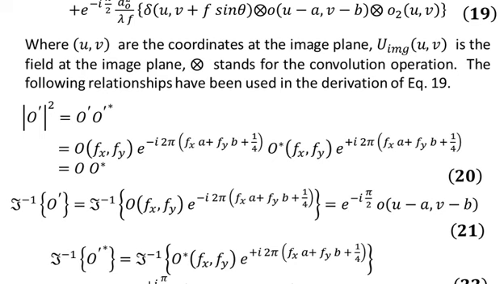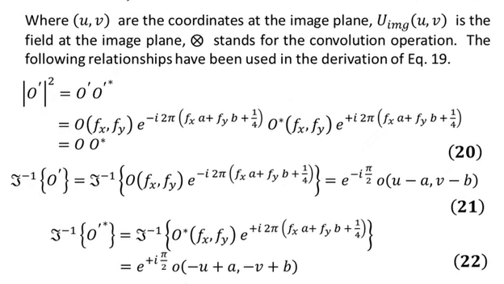And then we have obtained the last step in equation number 20, that the absolute square of O prime has been represented as the product of O and O conjugate, or you can simply say that it is the absolute square of O, as given in the last step in equation number 20.